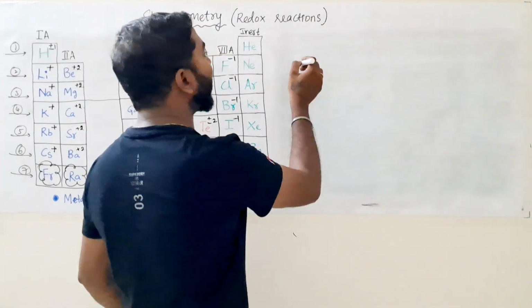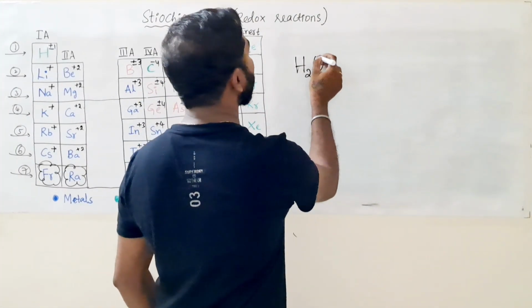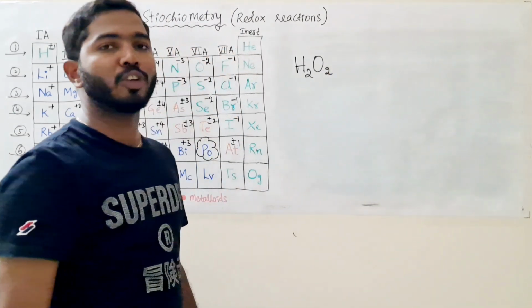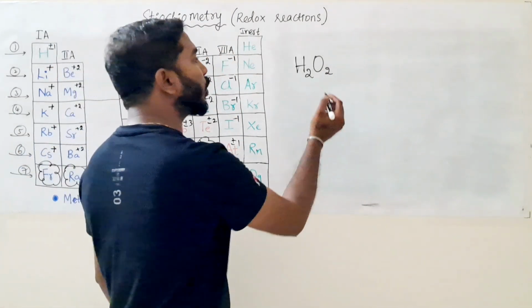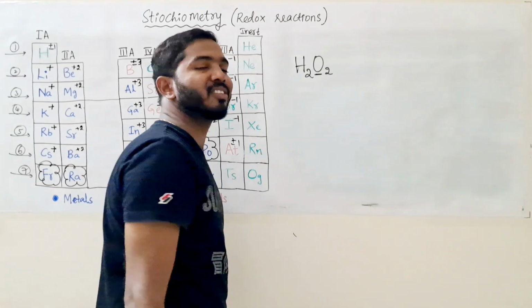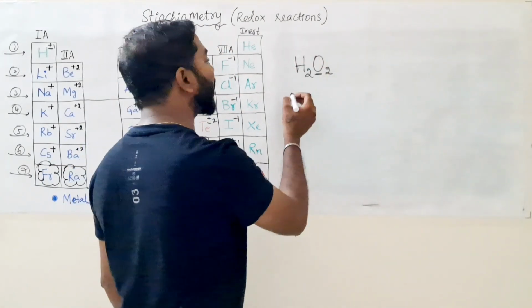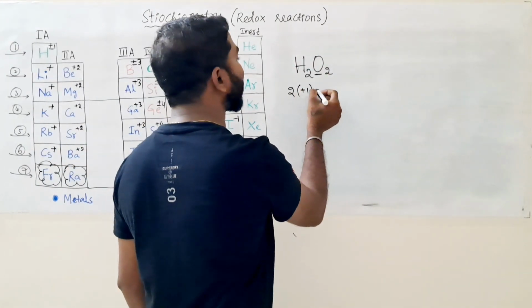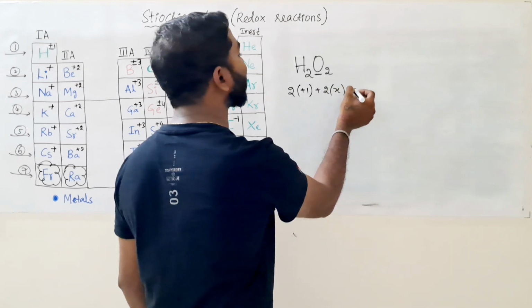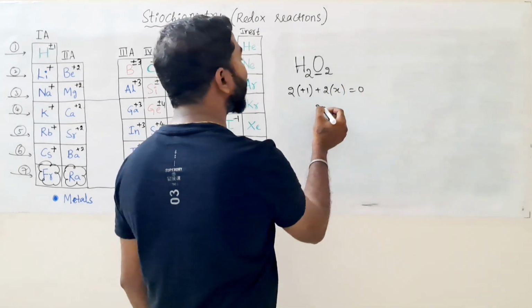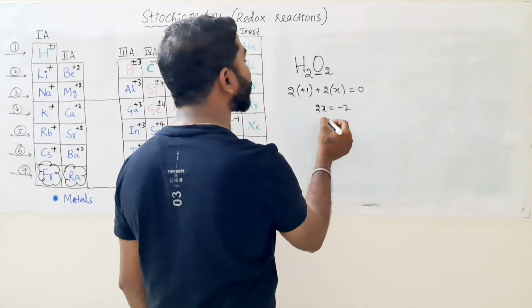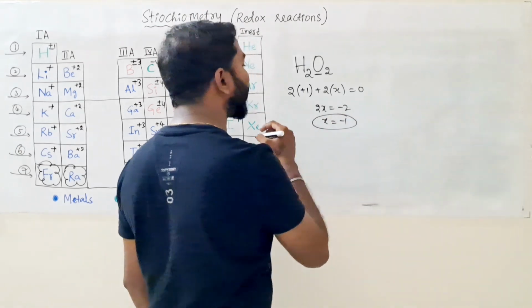And now if we take hydrogen peroxide, H2O2, and calculate the oxidation number of oxygen, how much are we going to get? 2 into plus 1 plus 2 into x is equal to 0, then 2x equals minus 2, x equals minus 1.